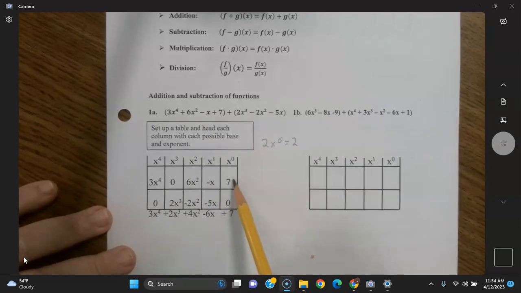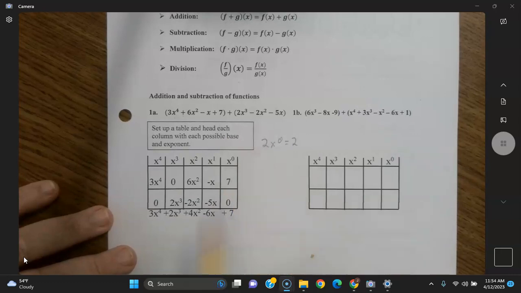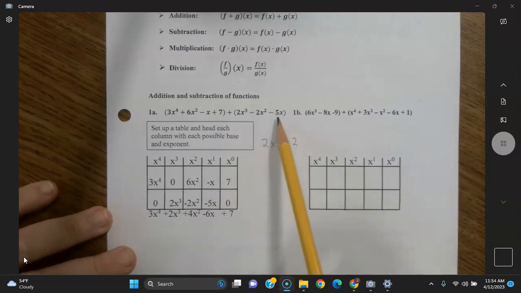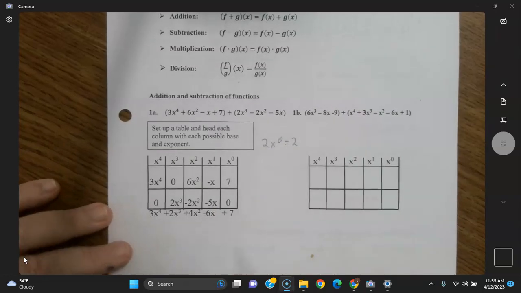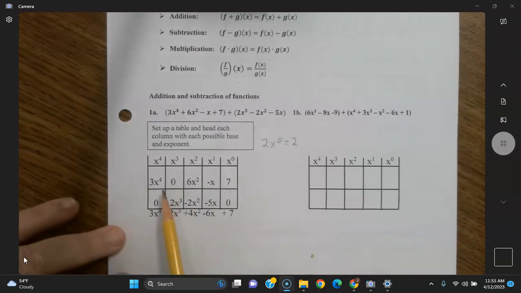And then 7 goes in the constant column, the x to the 0, we call that. Now we take this one, same thing. There is no x to the fourth term. There is an x to the third term. There's an x squared term, minus 2x squared goes in the x squared column. There is an x term, negative 5x rather, and there's no constant term, no x to the 0 term, so that's 0. And now you simply add.